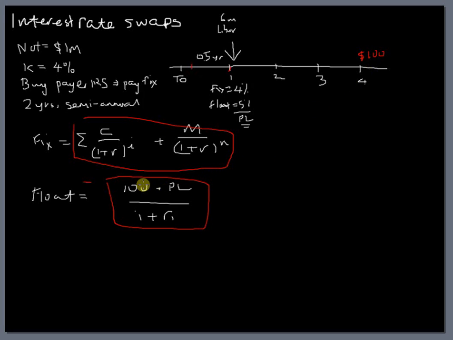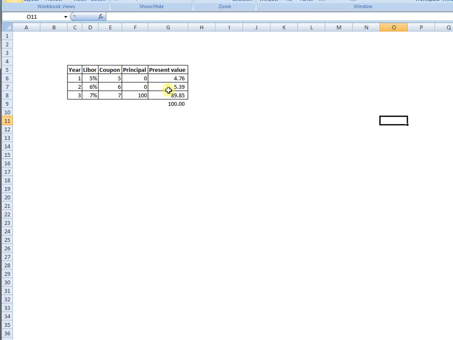For those who don't know why I've assumed 100 here, let me show you using Excel. In this example, it's a 3-year floating rate bond.